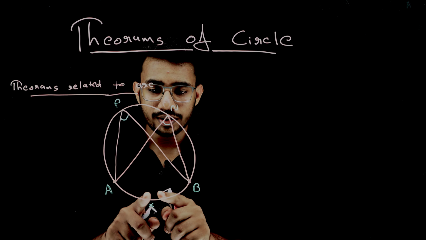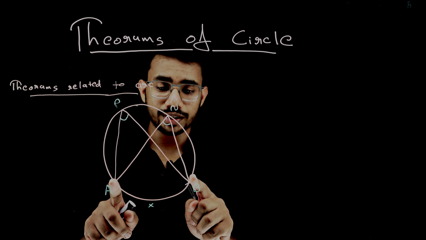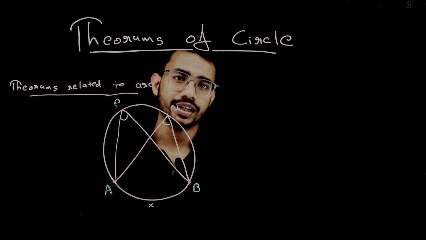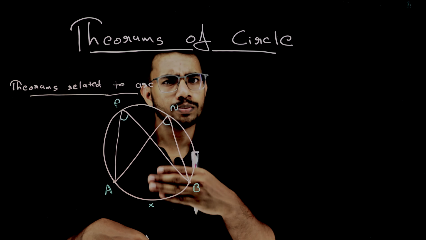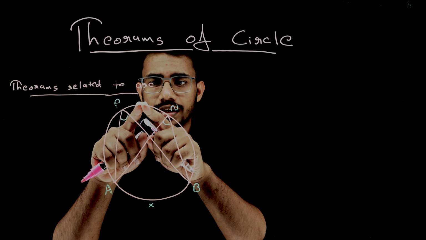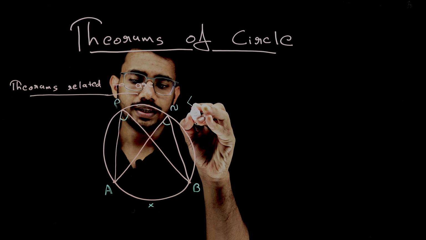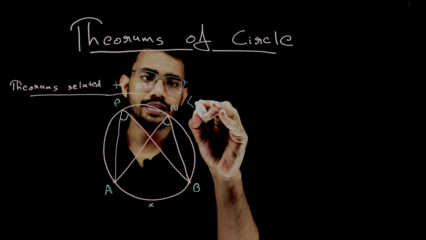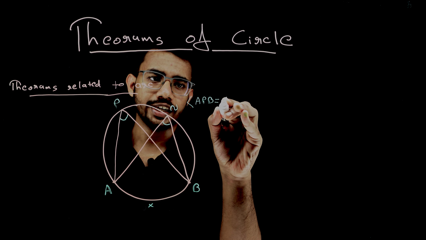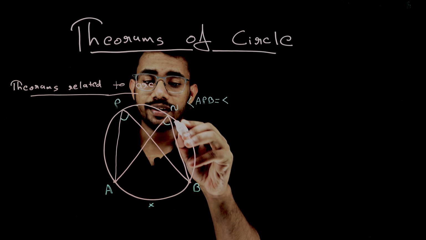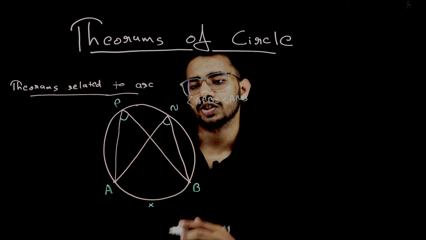This is my arc and this arc is forming an angle here, and this exact same arc is forming another angle at the point N. If the same arc is forming two or more angles at any point in the circle itself, then the angle APB would be the same as angle ANB, and that is my first rule.